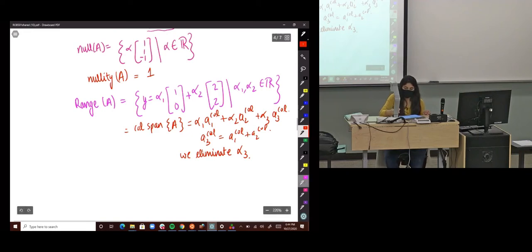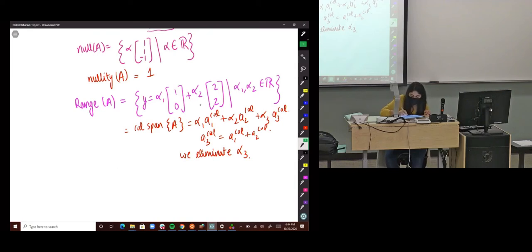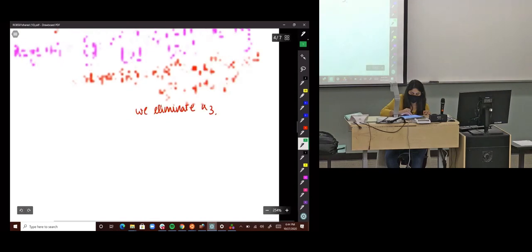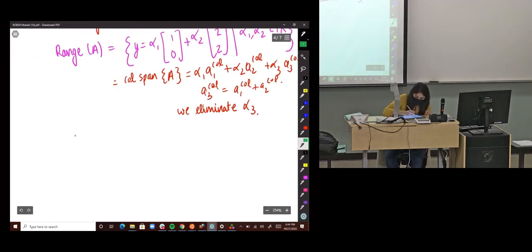And then we look at the dimension of it, and like we discussed, there are only two linearly independent vectors in that set of vectors that we've defined. So the rank of A is equal to 2.